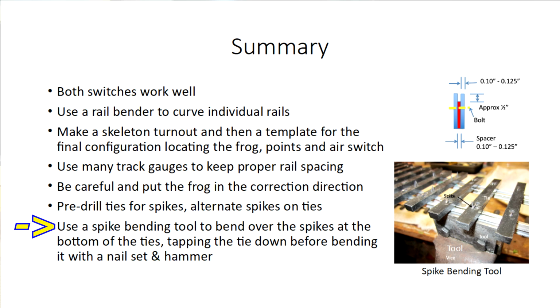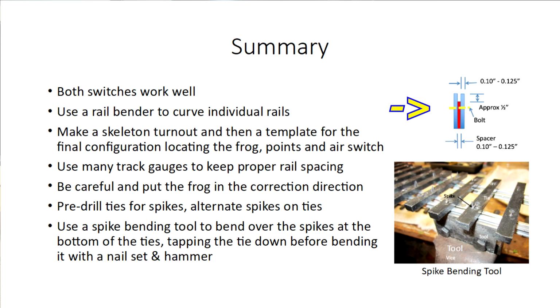So I developed a tool, and it's just two pieces of metal with a spacer in between. The head of the rail will drop in here, and it's close enough that the heads of the spikes will rest on either side of these spaced-apart pieces, and you just take a nail set and bend it over.